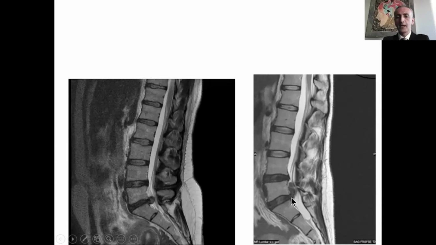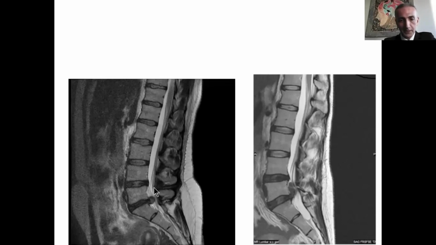You can see that the disc here is ruptured or herniated, and it goes into the canal and it is going upwards. It travels upwards. It is quite big, and it may also touch the nerve root here. So this patient may have symptoms as a result of impingement on two adjacent nerve roots. So the pain could be quite significant, or the symptoms could be quite significant.